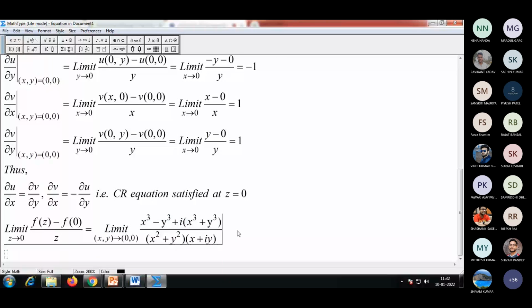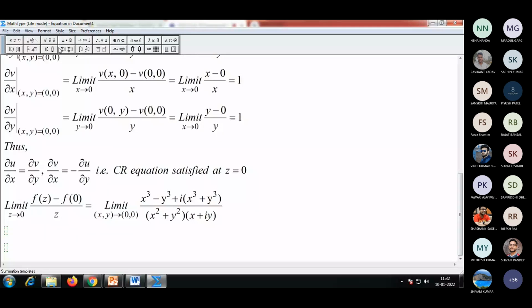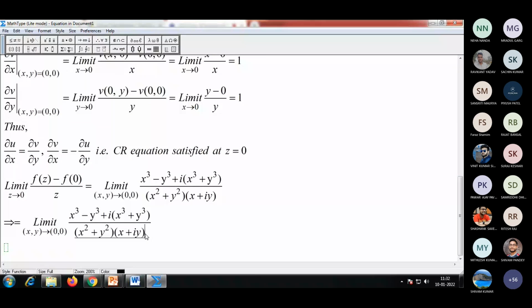Check, can you simplify it somehow? To find its real and imaginary part, we'll rationalize it. So this is equal to, we may multiply numerator and denominator with x minus iy. So the same thing will be in the denominator.